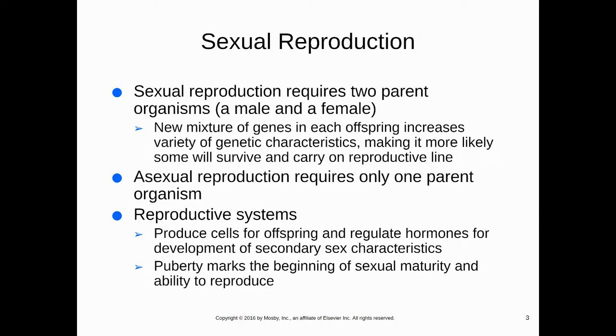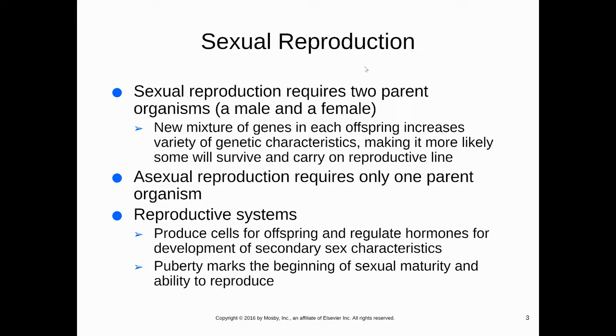That makes each one unique and less likely to look exactly like the next person. It also helps with survival of the fittest. It allows us to keep the good genetic traits, get rid of the bad ones, and carry on the reproductive line.